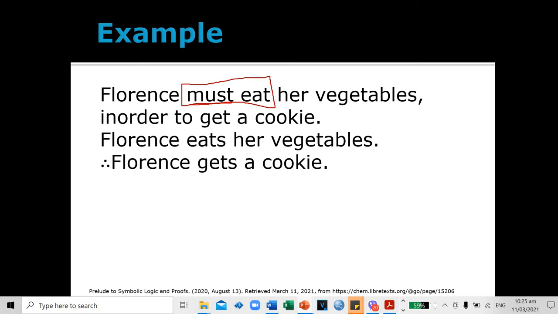So Edith eats her vegetables, therefore Edith gets a cookie. So the earlier example is a valid statement. So when we analyze logical statements, we have to be very careful on how these statements are being constructed. So this part here makes the statement invalid.